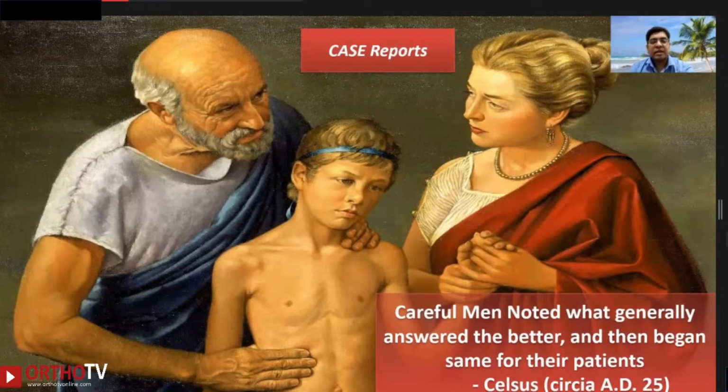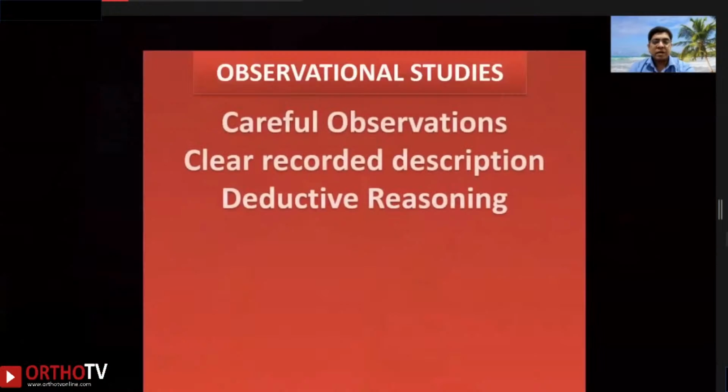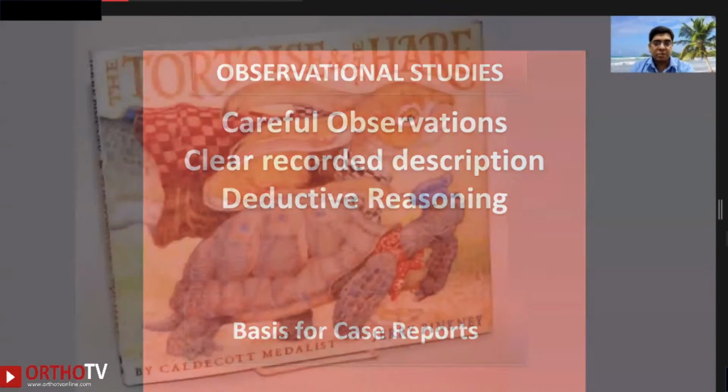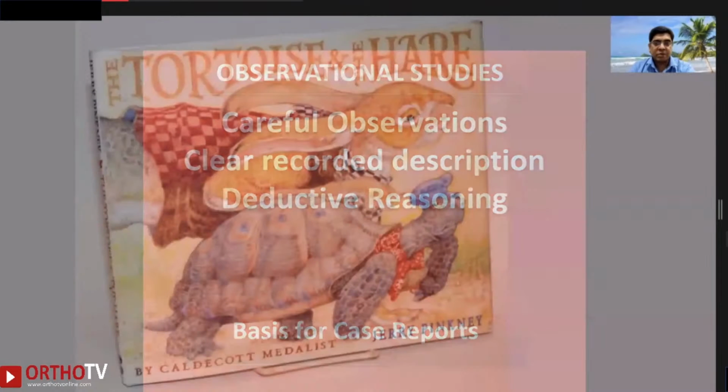That is what a case report is, or what an observational study is. So careful observation, clear recorded description, and deductive reasoning will promote and add to the existing literature and to clinical practice. That is the aim of a case report. That's the basis of all case reports and all medical literature.